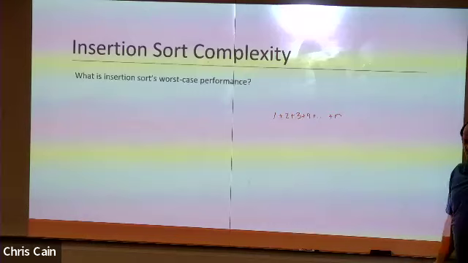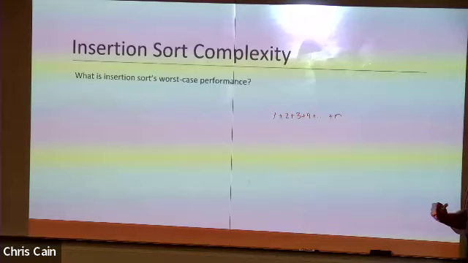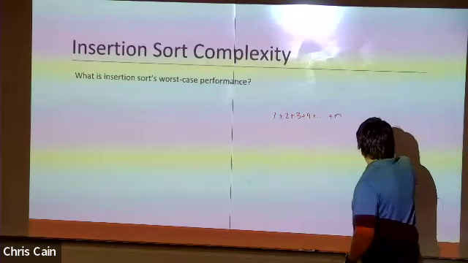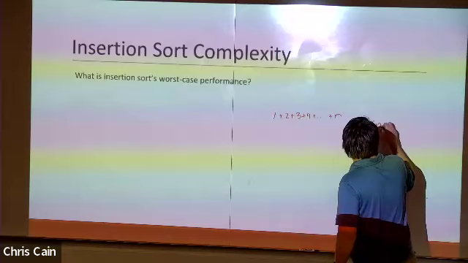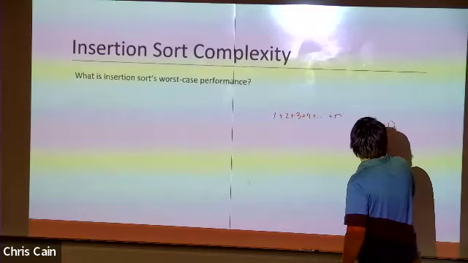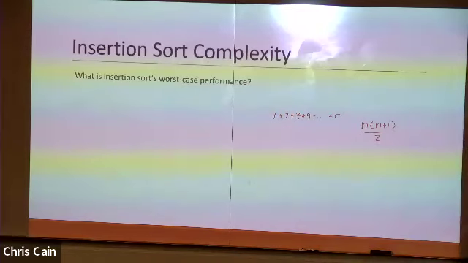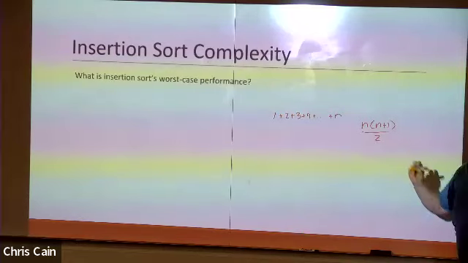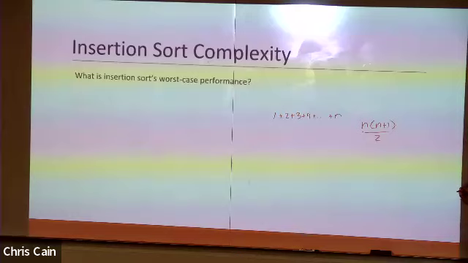But what did we determine was the order? Does anyone remember the expression off the top of their head for what the sum of 1 up to n is? Yeah, n times n plus 1 over 2, which is in order what? It's quadratic. So the worst case performance is, we'll call it, big O of n squared.